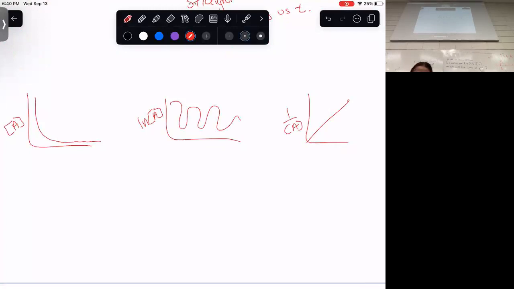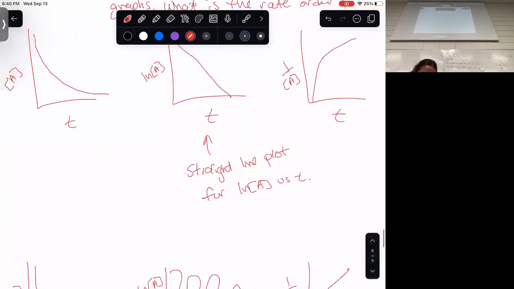The straight line for the 1 over A is the one that gives you a straight line plot. And so this one would mean the rate order is second. Does that help your question a little bit? Yes. So it's first order, like whenever you manipulate your data, that's the only one that has a negative slope, right? Everything else will be positive. I believe so. Yep.